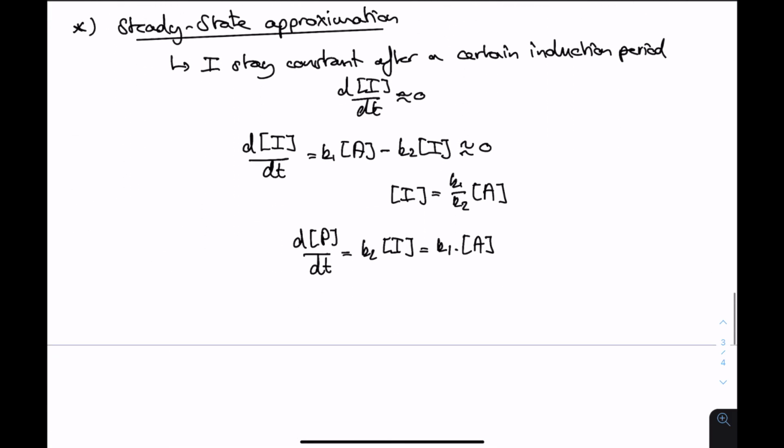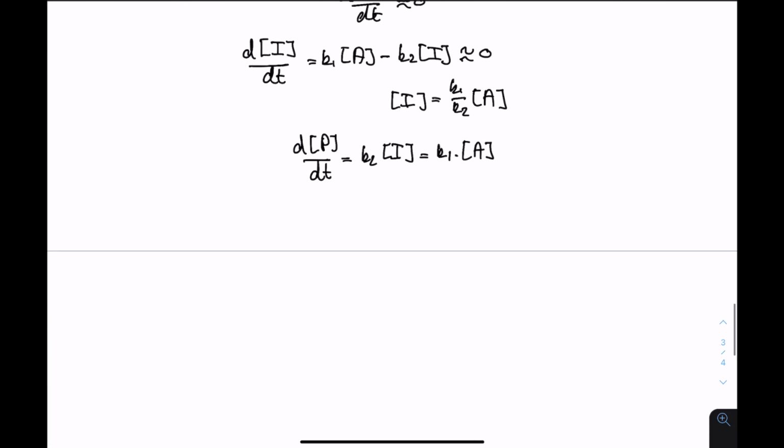So if we now put that in here, go to another page, dP/dt is K1 A0 e to the minus K1 t. So I just substituted concentration of A for the integrated form.